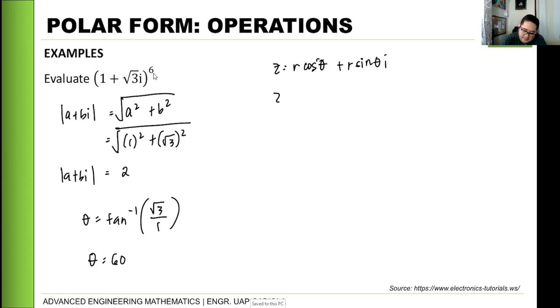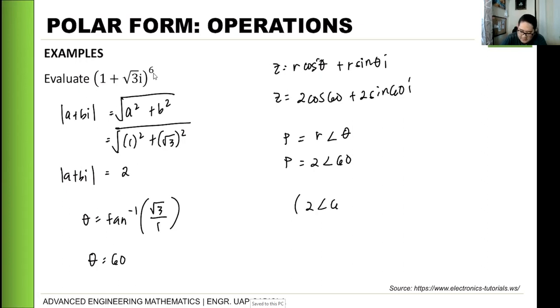So that is z is equals to 2 cosine of 60 plus 2 sine of 60 i. So yung polar equivalent niyan is r angle theta. So that is 2 angle of 60. So kung babalikan natin, that is 2 angle of 60 raised to 6. So yung formula natin yan kapag power tayo.